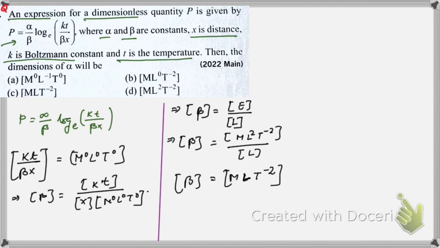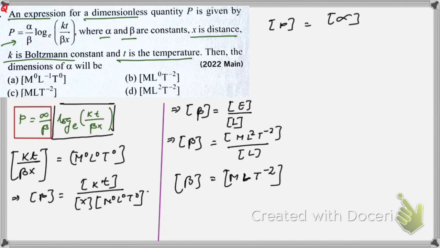Now we are to find the dimensional formula of alpha. From this relation, if this part is dimensionless, then p is equal to alpha by beta. So we can write that the dimensional formula of p is equal to the dimensional formula of alpha by the dimensional formula of beta.